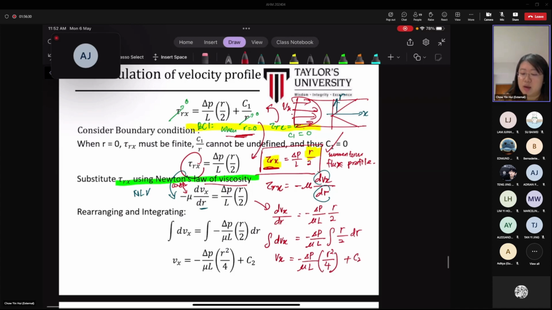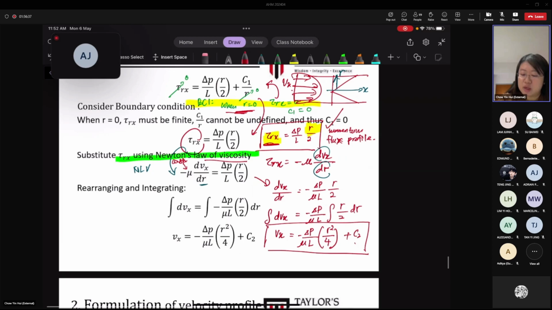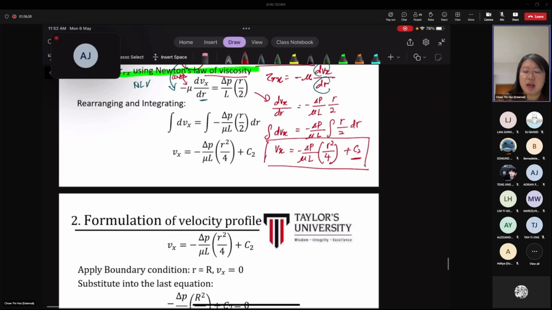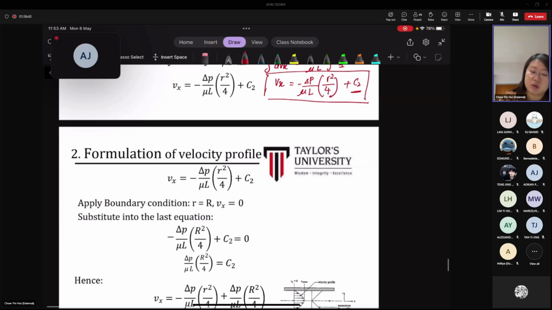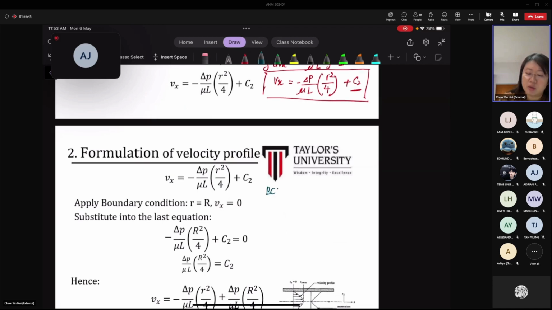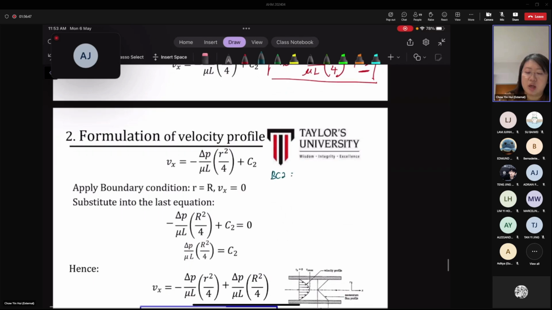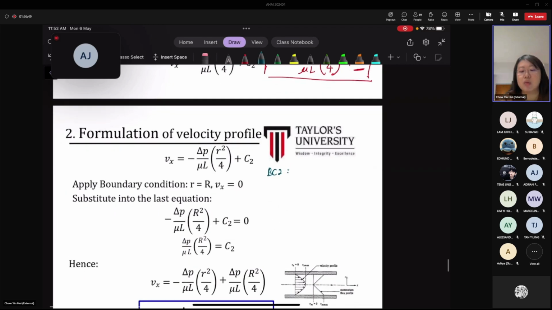But this is only the general velocity profile, right? We need to solve for C2 by substituting another boundary condition, the second one. Usually we substitute the one that equals 0. We know that the velocity Vx in the pipe flow equals 0 when r equals the radius of the pipe wall.